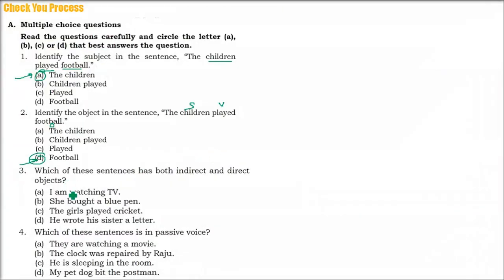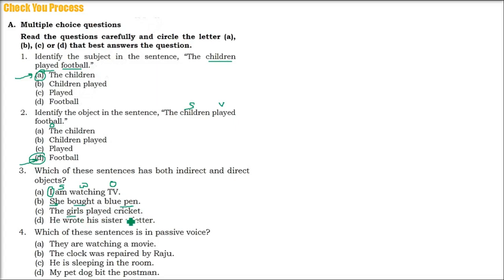Let us come to the question here. I am watching TV. Here I is the subject, TV is the object, and watching is the verb. So we have a direct object here, no indirect. She bought a blue pen: again subject, and direct object. Bought is the verb.